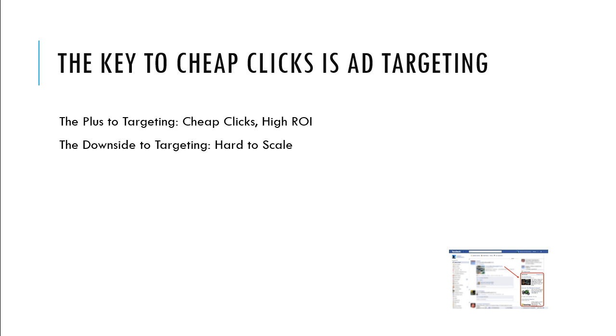So let's talk about how you're going to target. You're going to target interests. Okay, you're going to see that when we go into the screen. Location. Now, in the case of online marketers and people who are looking to make money online, location is not necessarily going to be so much of an issue unless you're looking to sell services to small business owners.